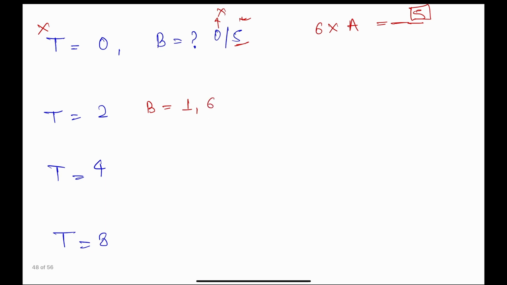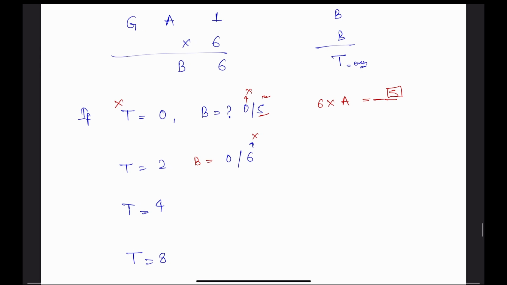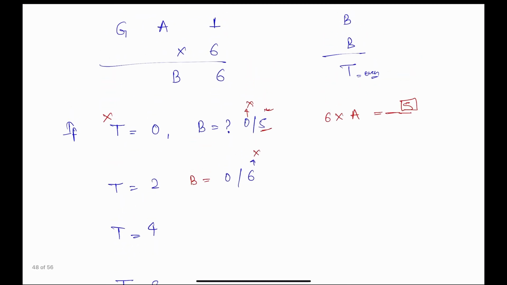But then again, I know that 6 is already taken by I. So 0, 6, na? Yeah, 6. And I already know that 6 is already taken by I. So the possible value of B is 0. If I take B as 0, then 6 times A should come with last digit as 0.